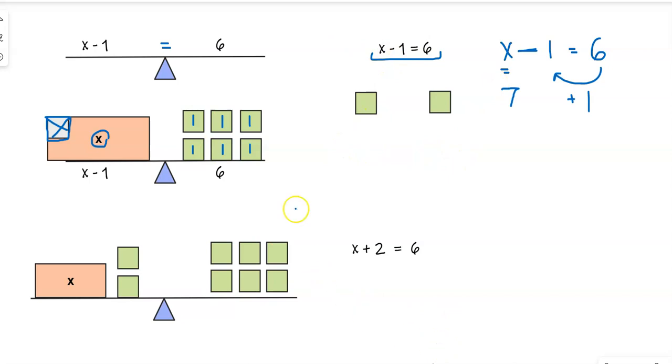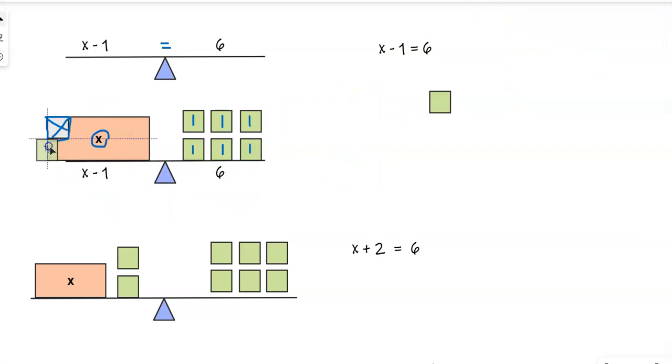But we want to follow the way we solve these equations in algebra, because when these equations become more complex, this is not going to be the easy way of solving them. So in other words, we can put 1 unit back and have the complete unknown value to be x, right?